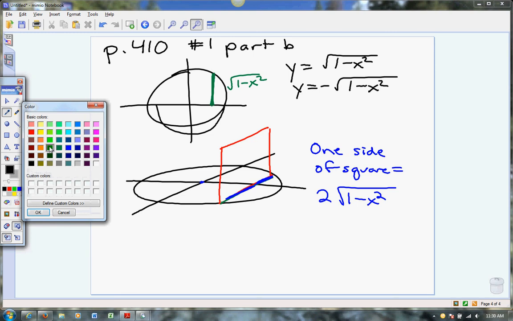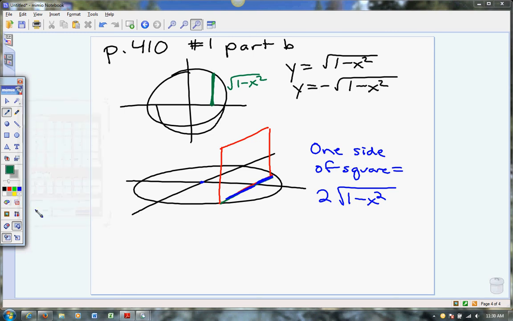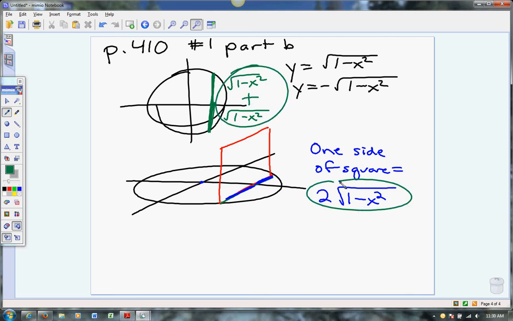That distance is going to be the same thing as this distance. So this is also the square root of 1 minus x squared. I know it's the negative, but that doesn't matter. And the reason it doesn't matter is because when I'm working with the side of a square, if I find the area, I square it. Okay? So if I add these two together, that's where I come up with this 2. So one side of the square is 2 times the square root of 1 minus x squared.